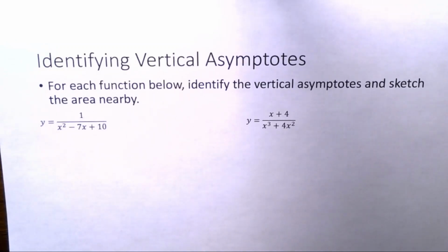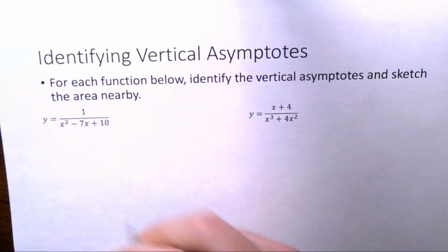So, let's start out with this. For this first function, we have y is equal to 1 over x squared minus 7x plus 10. In this case, there's no way to reduce the fraction, so we can go immediately to setting the denominator, the bottom, equal to 0, and then identifying the x values of vertical asymptotes.